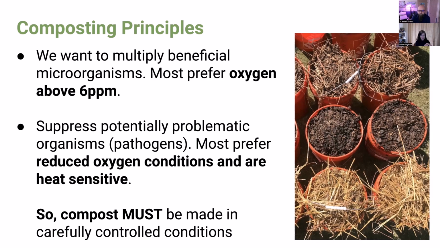The enzymes of aerobic microorganisms cannot function below 6 parts per million. It just won't work, so they stop growing. Somebody else is going to take over if it's anaerobic in that area.